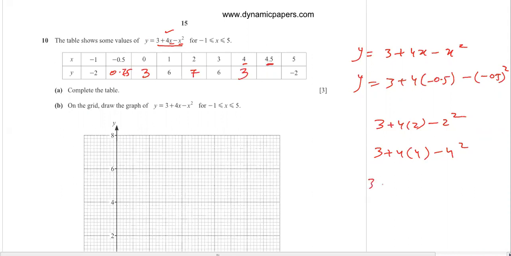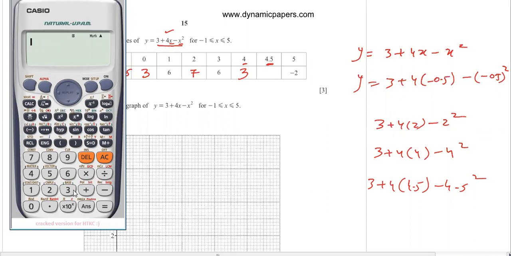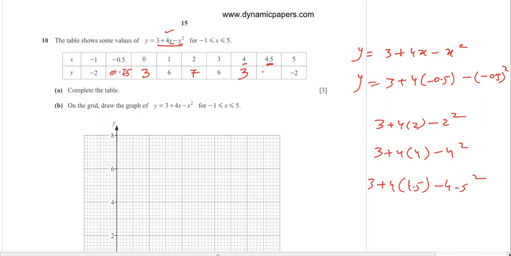So it will be 3 plus 4 into 4.5 minus 4.5 square. That will give 0.75 again. So we found the missing values. We completed the table. That was the first part.